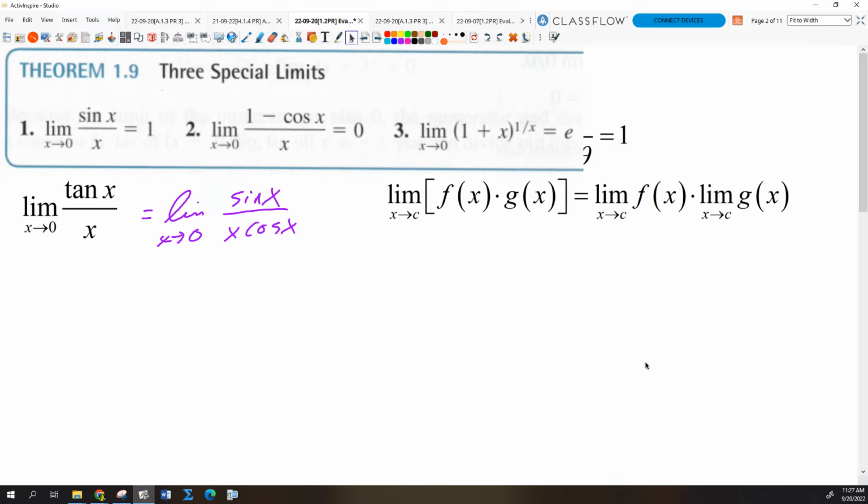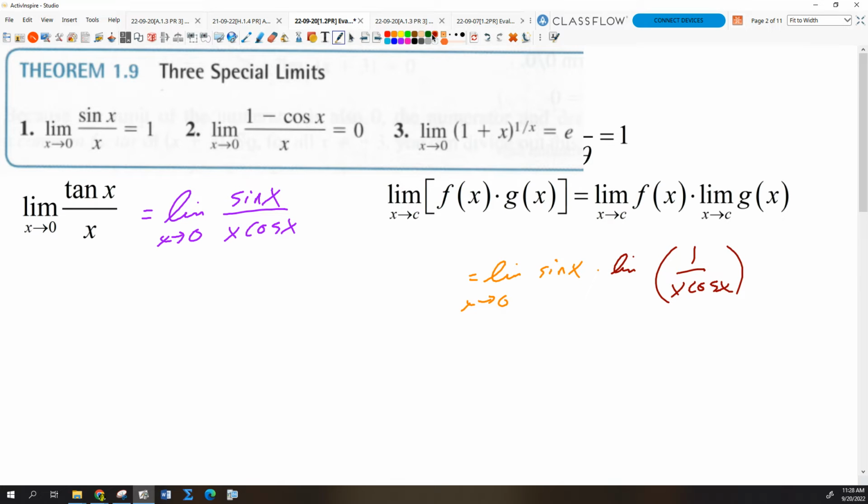But then if I do that, you can already tell we're going to go a different path, can't you? I want to illustrate why though, so this makes sense. I get the limit of sine x times, we'll break it up into two completely separate limits, the limit of 1 over x cosine x.